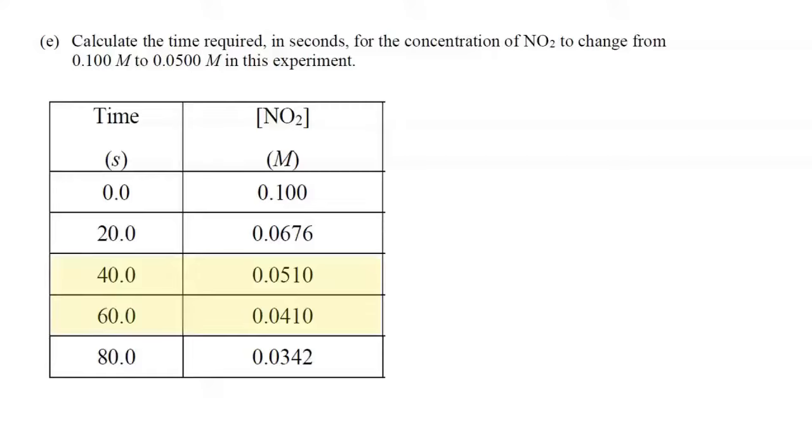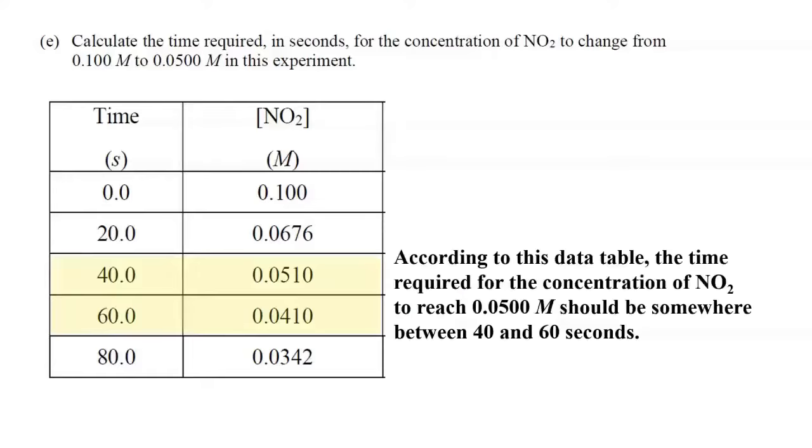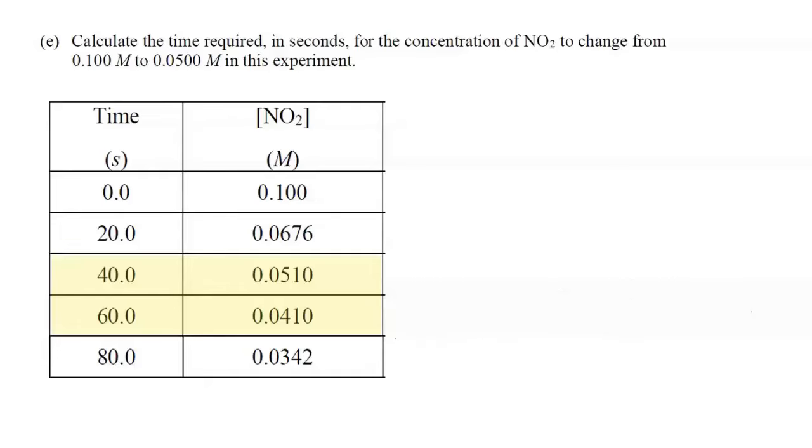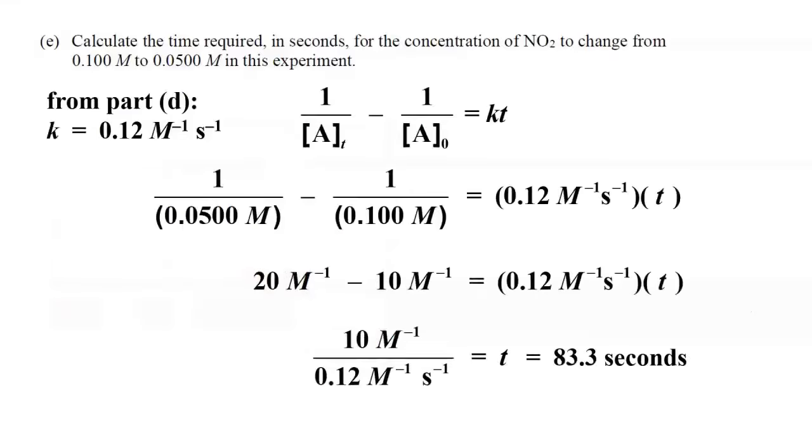According to the data in the table, it would seem that the time required should be somewhere between 40 and 60 seconds, and yet we just got an answer of 83.3 seconds. So this might be a concern for you.